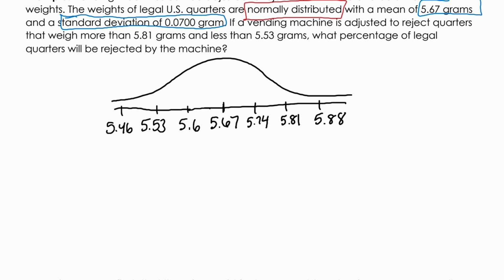Okay, so what we are looking for is the percentage of legal quarters that will be rejected by the machine. So anything that is between 5.81 and 5.53 is going to be accepted. So these coins in here with these weights are good. These will be accepted.